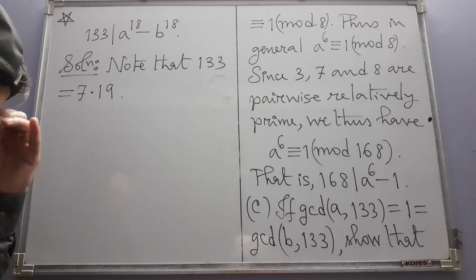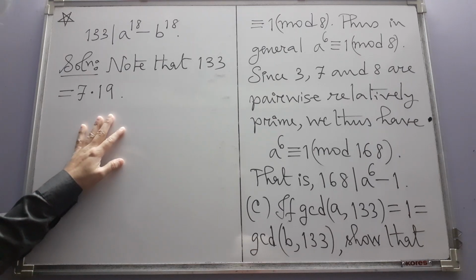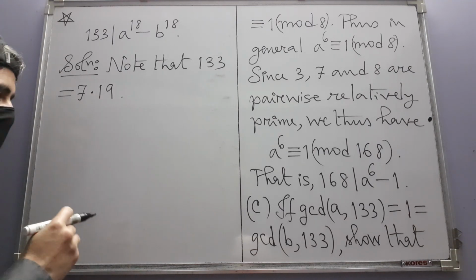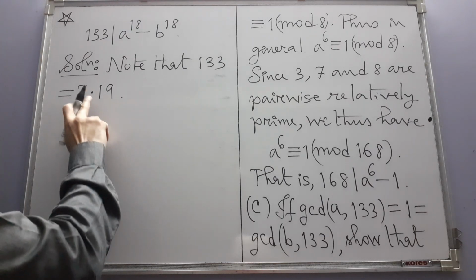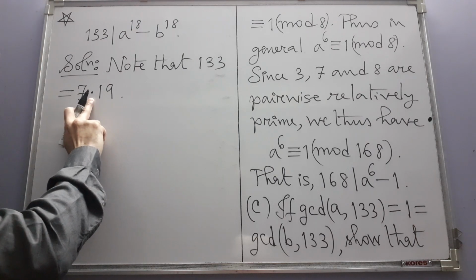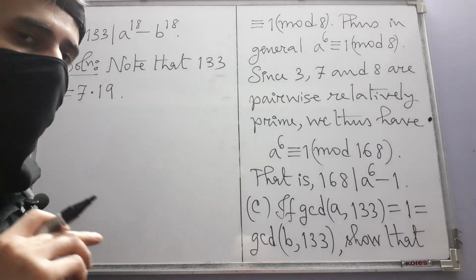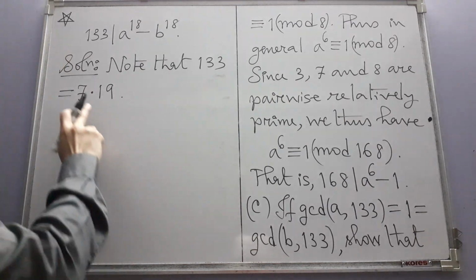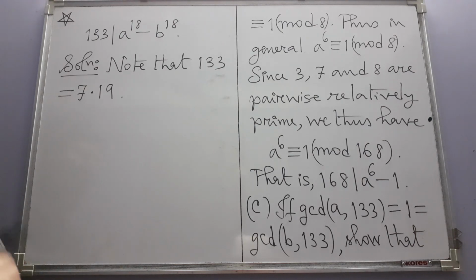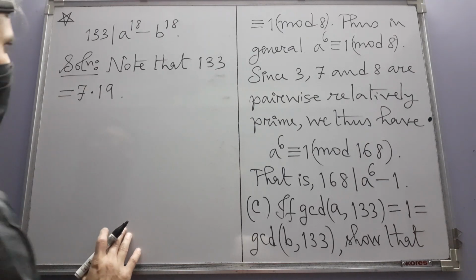I have said this before many times, but again I am going to repeat. When you want to write dot to denote multiplication, write it in the middle, not at the bottom. If you write it at the bottom, it means the decimal point. But if you write it here, then it means multiplication as an operation.